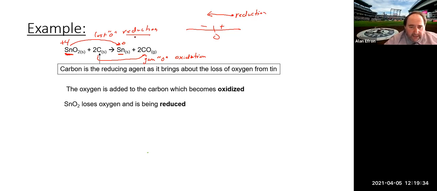The good news about oxidation and reduction is if you could simply identify one of those things, what is being oxidized or what is being reduced, the other species is doing the opposite thing. So in this case, if the only thing you could figure out is tin is going through reduction, by default, that would mean that the carbon had to be going through oxidation, as oxidation and reduction always occur together.